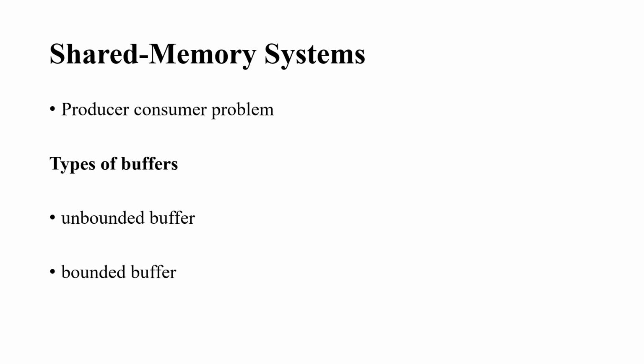In shared memory systems, the producer consumer problem is the best example. The producer consumer problem is a common synchronization problem in operating systems. Here the producer puts items into the buffer and the consumer takes items from the buffer. On types of buffer, first one, unbounded buffer.